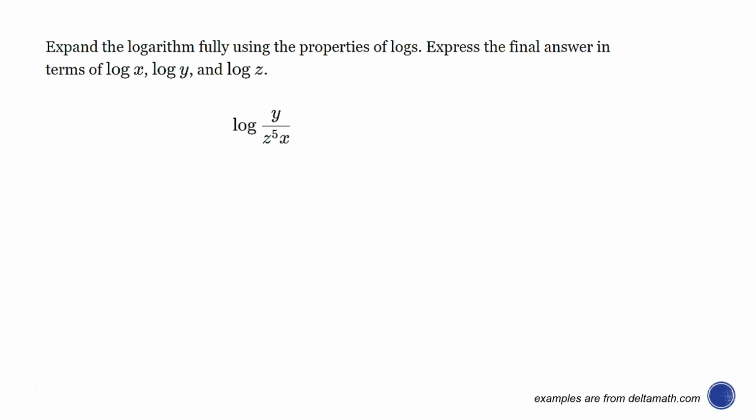Okay, so here we have division, which is obvious. We also have multiplication, and that's in the denominator. If you can see z raised to 5 times x, that's multiplication there. And then of course we have the exponent 5, which means we will use the power rule. So we will use the quotient, the product, and the power rule at the same time. Now let's use the quotient rule first.